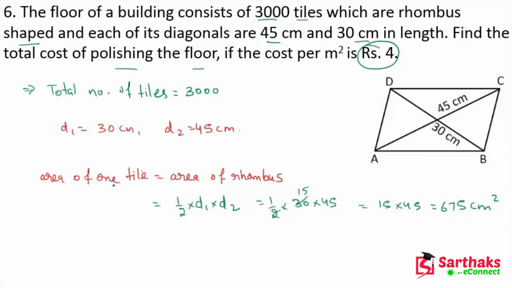Now the area of 3000 tiles will be 3000 multiplied by the area of one tile.